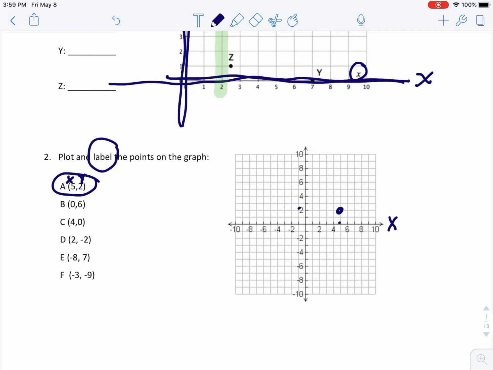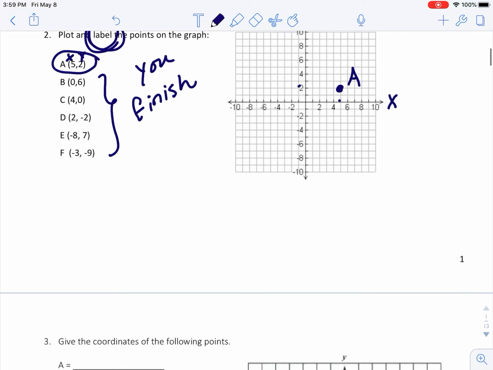So 5, 2, that's where I plot my point, but then I have to label it. Label means give it a name. So its name is point A, so I just call it A. All right, then you guys can go ahead and finish these ones, and then you can check your work.